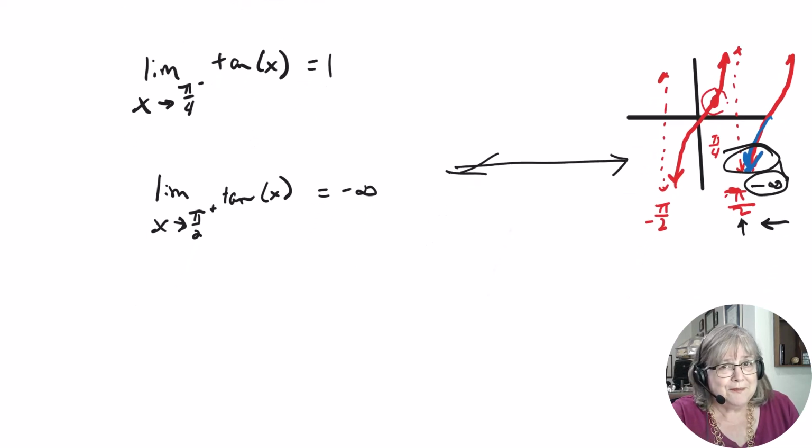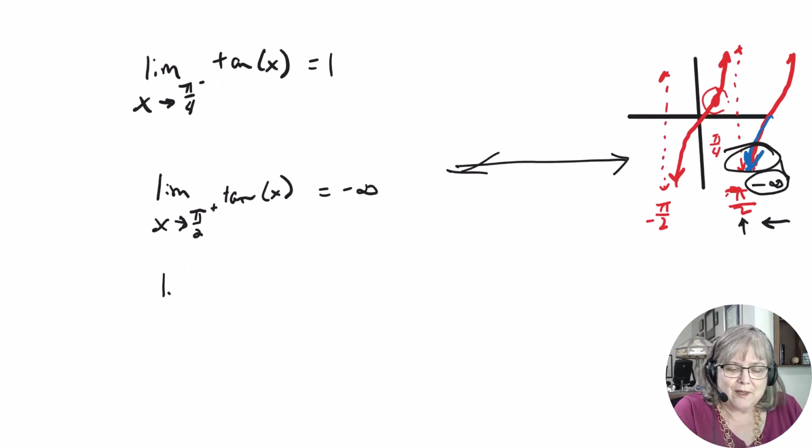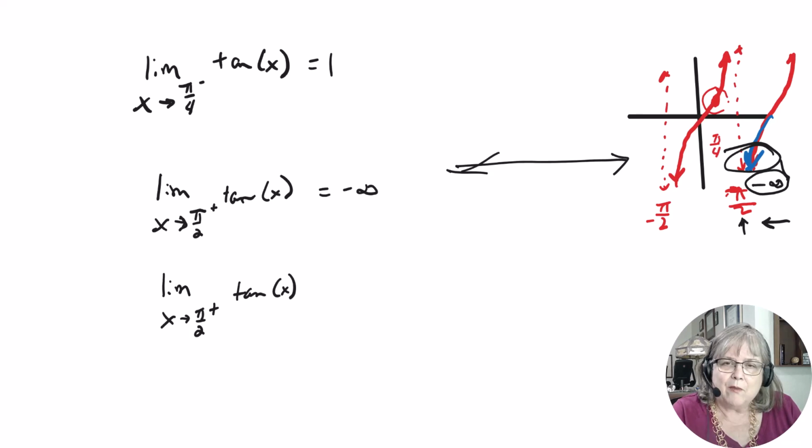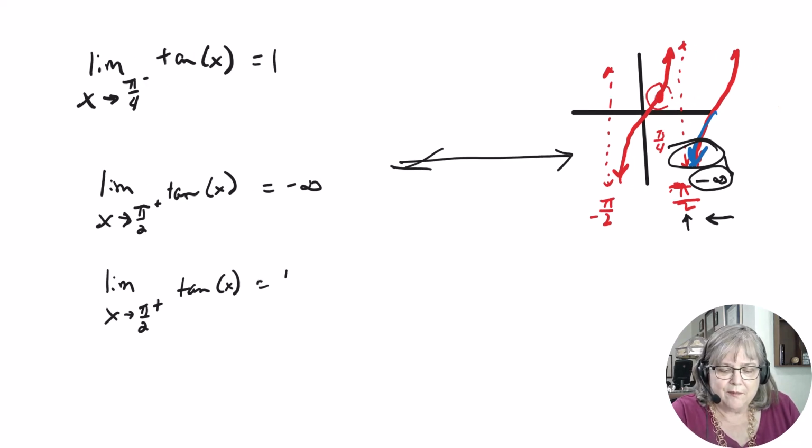Some teachers, for tangent, may want something more like a numerical approach. So you would say, okay, how about we do this? Tangent is sine over cosine, correct?